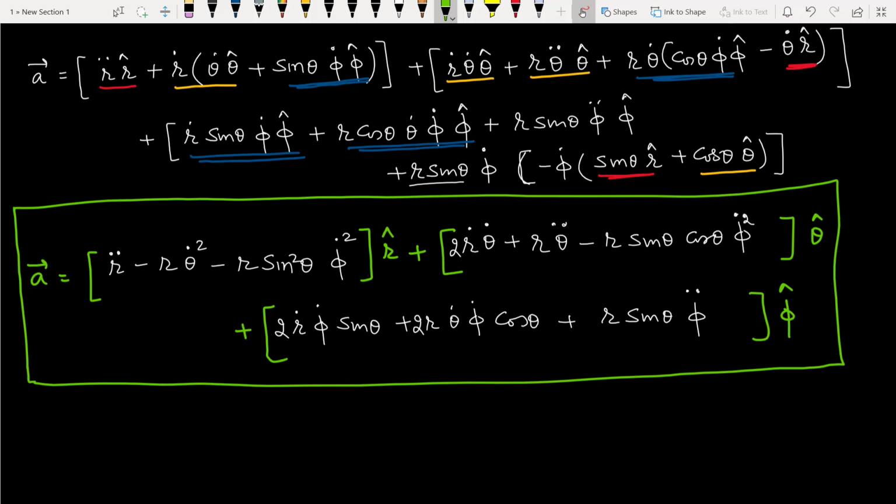So we need the complete knowledge of spherical polar coordinate system in detail to understand the revolutionary and rotational motion of Earth around Sun.